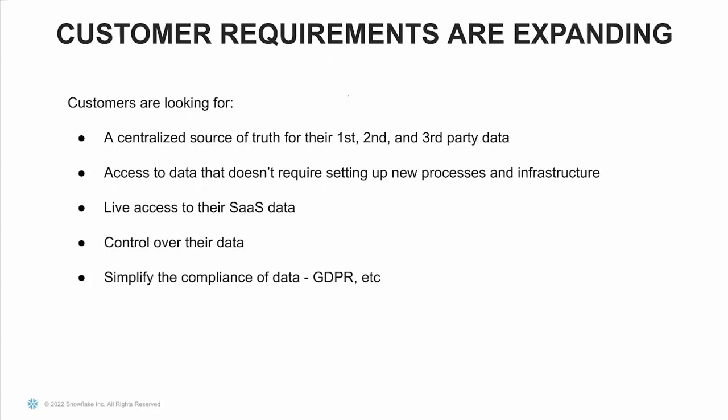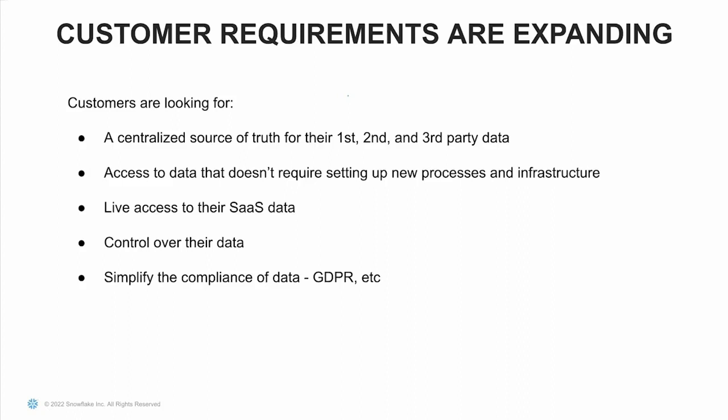Companies have focused a lot of time and effort recently on centralizing their first party data, but how do they look at second and third party data and make sure that they have a single source of truth for all of their sources? Additionally, when you start looking at trying to pull data in both internally, but even more difficult is pulling data from external sources.